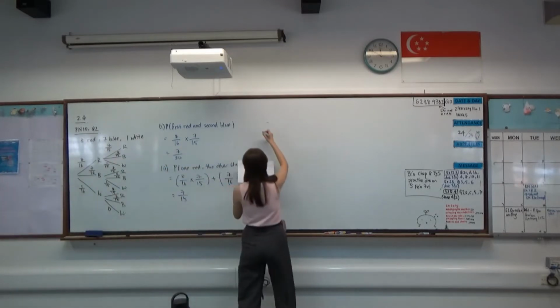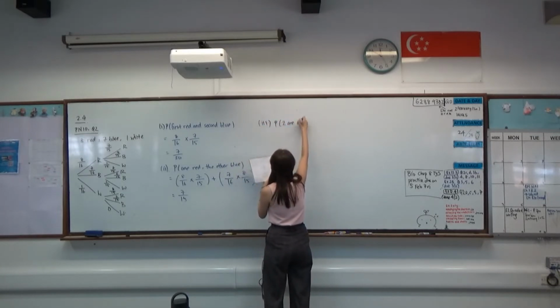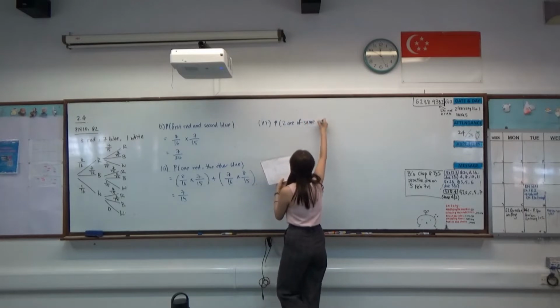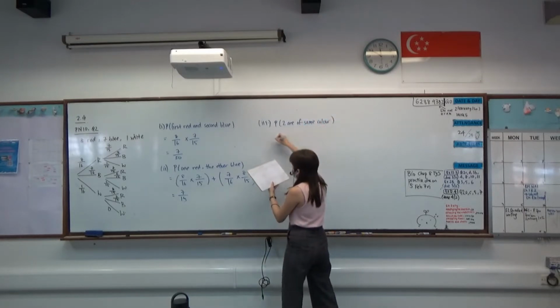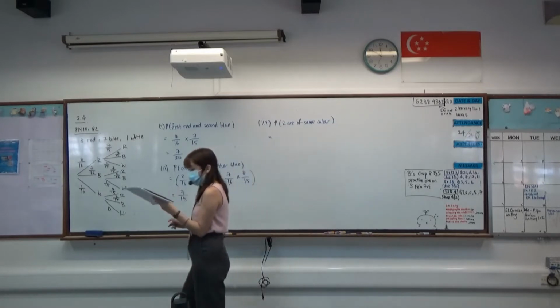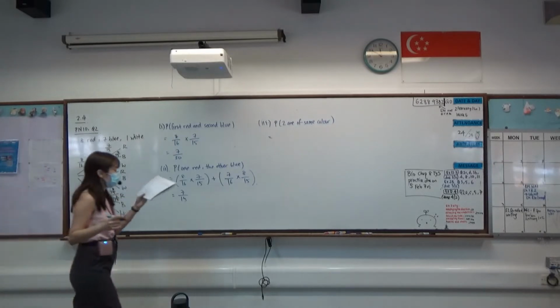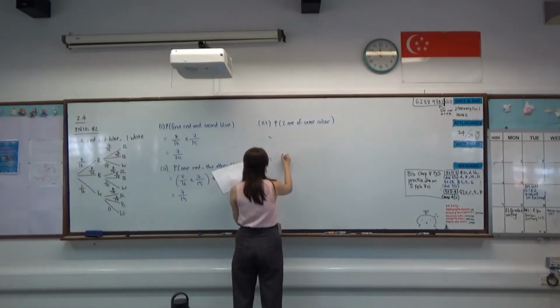And then lastly, we want such that 2 balls are of the same color. So what's your answer? 33/40. Okay. How do you get 33/40?